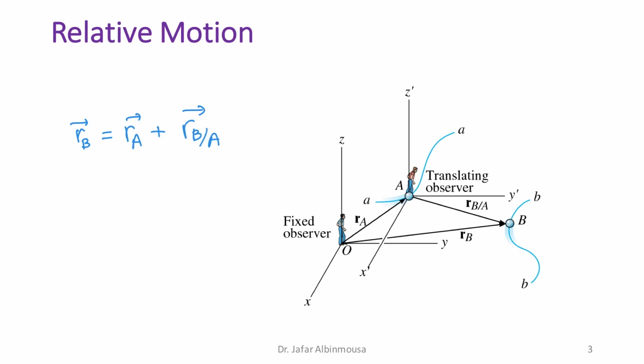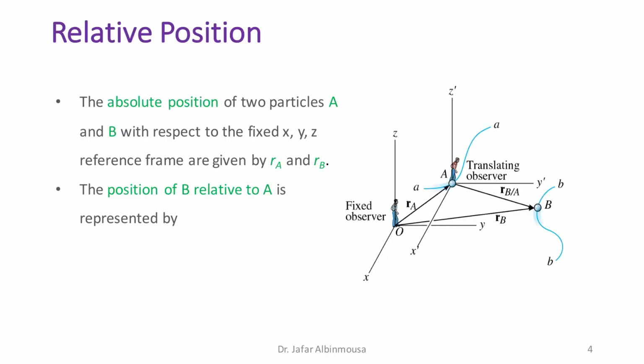This RB is equal to this vector plus this one. That's it. Just a quick summary: we call the positions of A and B the absolute positions, while the position of B relative to A is a relative position. It is not absolute.